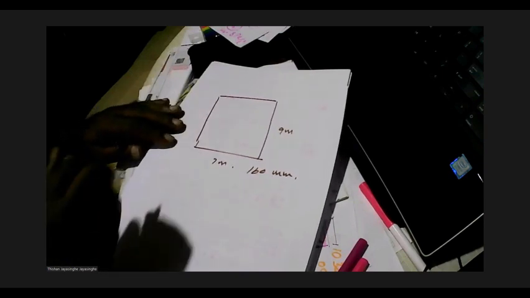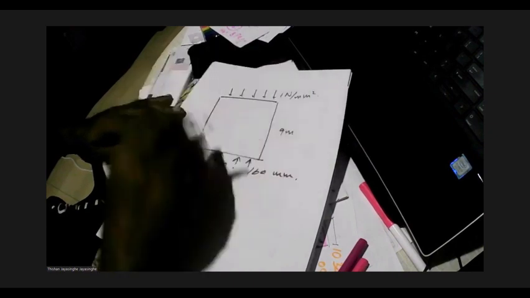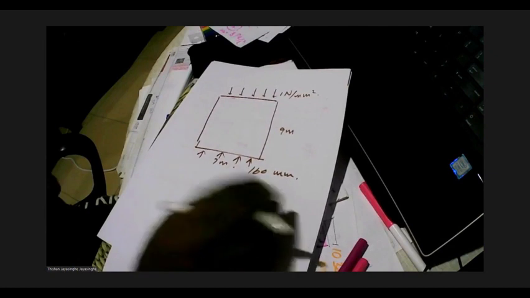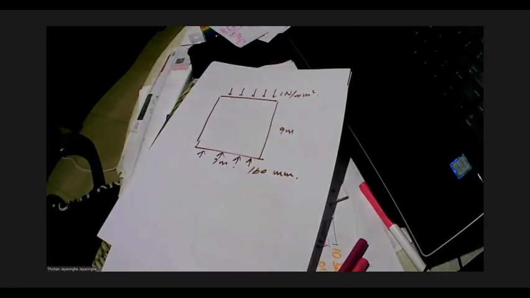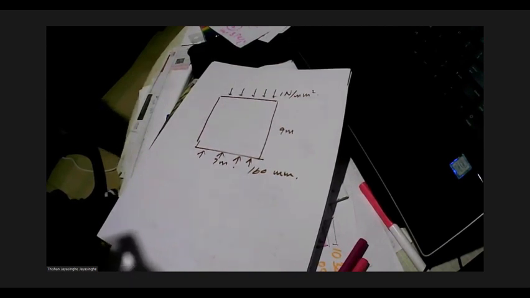What we do is, we apply about 1 Newton per millimeter square stress in one direction, that is the long direction, and because the shorter direction is good in carrying load, you are going to carry the remaining load in the shorter span direction.